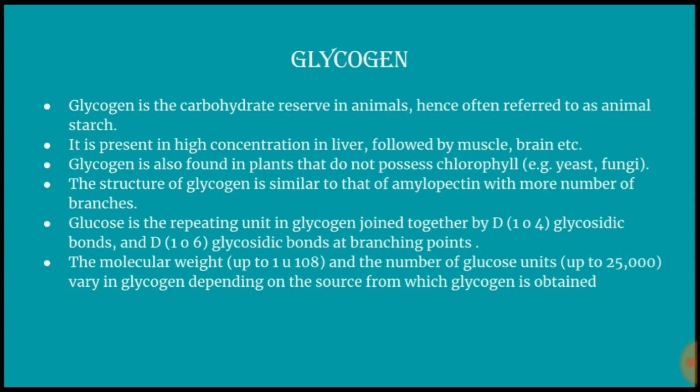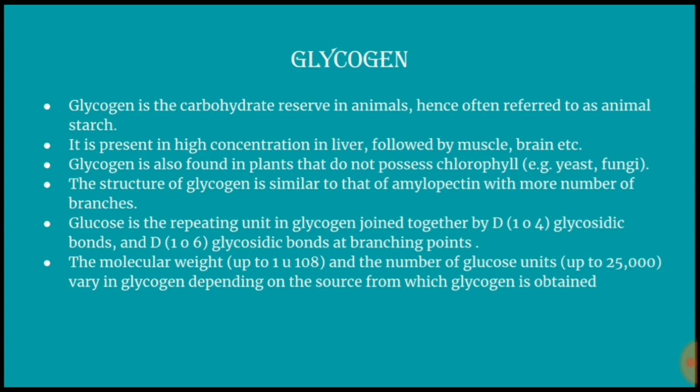The glycogen structure is similar to amylopectin, which has a greater number of branches when compared to starch. So glucose is the repeating unit of glycogen. Many glucose molecules together form glycosidic linkages, α-1,4 glycosidic bonds and α-1,6 glycosidic bonds.